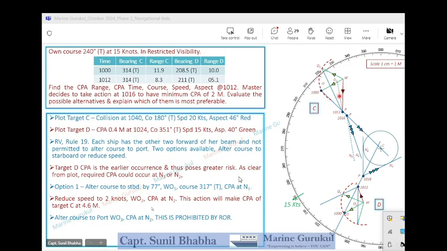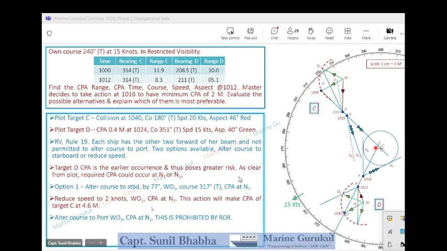So transferring this line O2 alpha at point P, which is the predicted position at 1016, we have our new line of approach. So you can see this dotted line from point Papa of target Charlie showing up on the screen, and we can clearly see that the CPA of target Charlie has increased from its initial value.